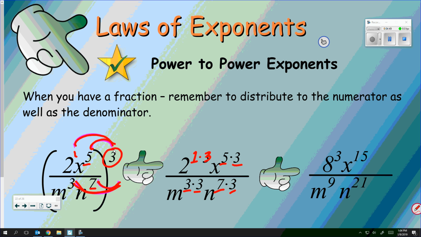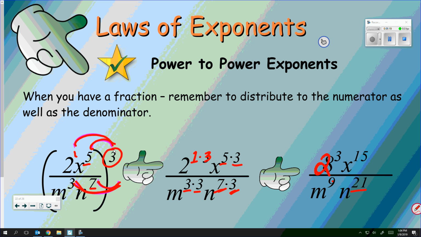So then now we can go through and say, okay, 1 times 3 is 3. 5 times 3 is 15. 3 times 3 for that m is 9. And for n, 7 times 3 is 21.